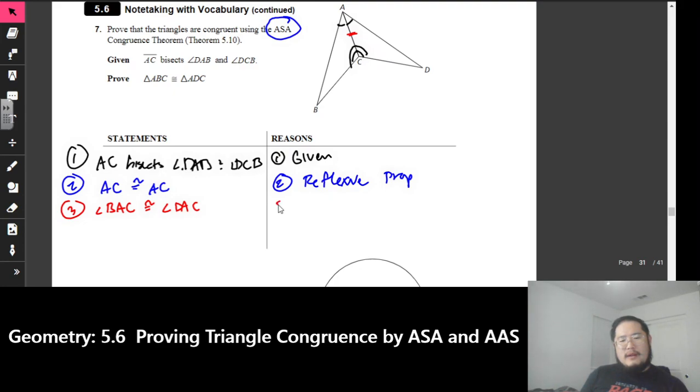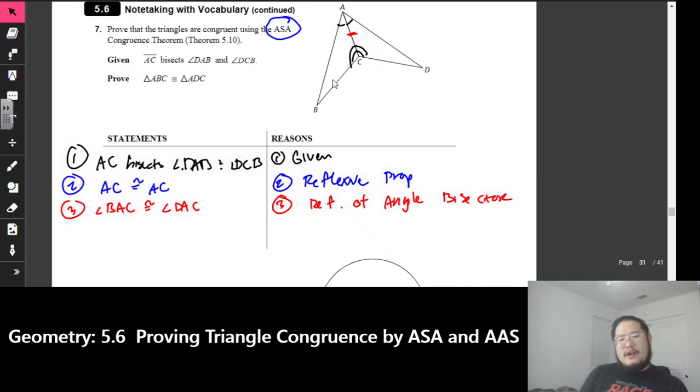Why? Well, what did that segment do? It bisected the angle. So let's go ahead and right here put definition of an angle bisector. And there we have number 3.